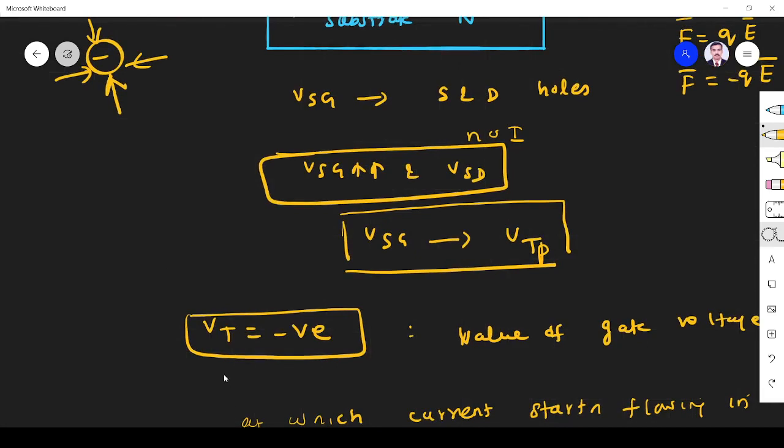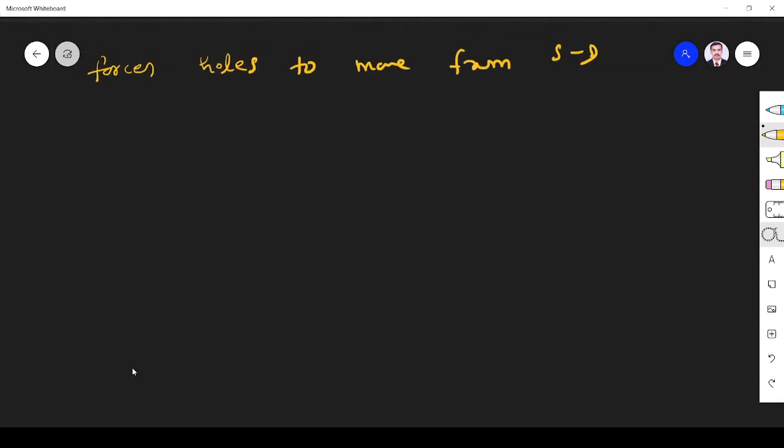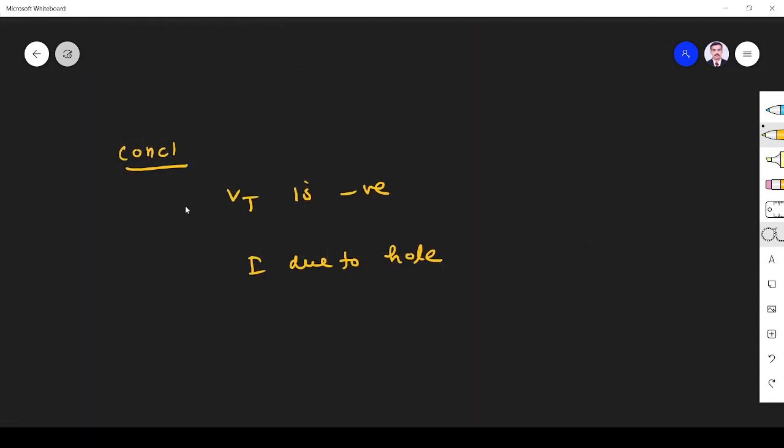So from this we understand that VT should be negative. So in PMOS the main conclusion is VT is negative, current is due to holes. We know in MOSFET current is due to majority carriers, right? So this is one point.